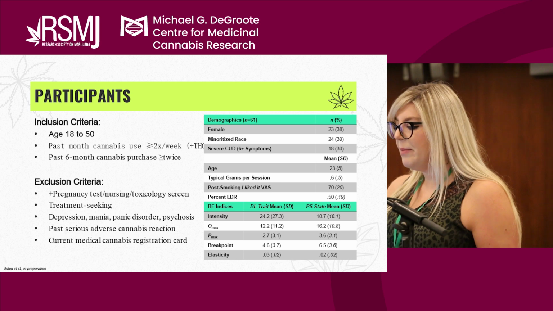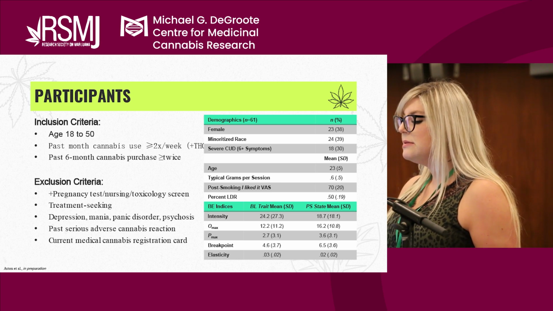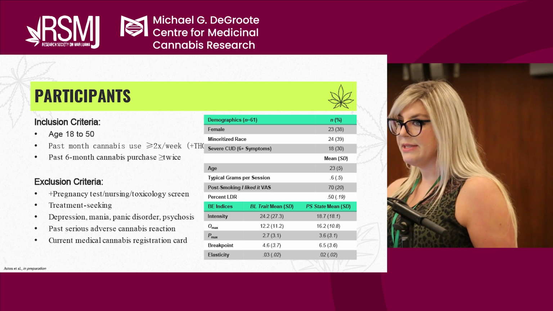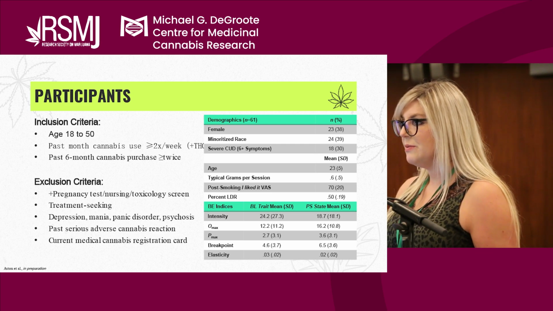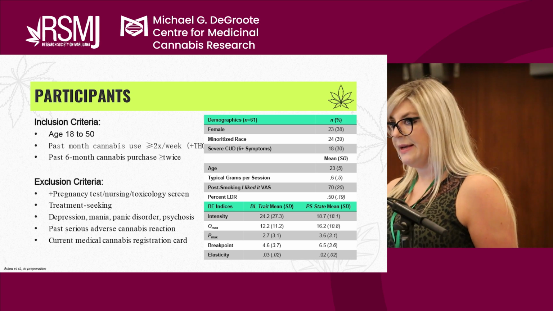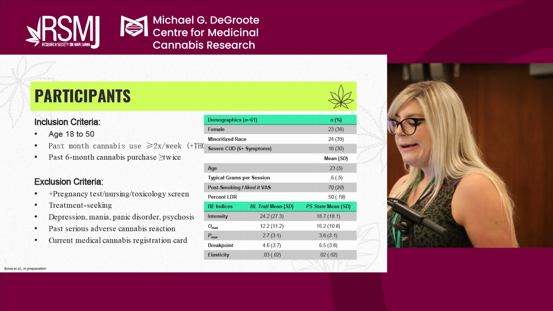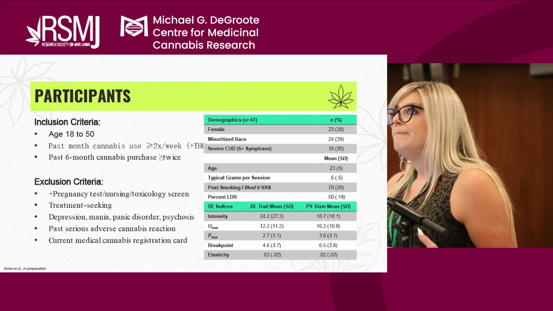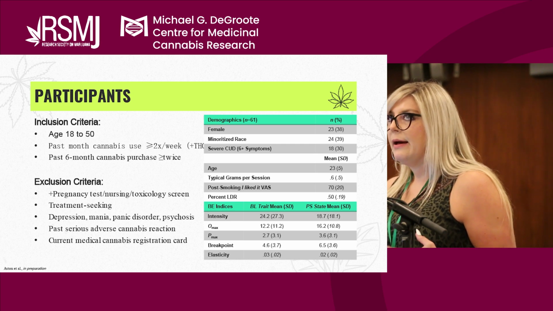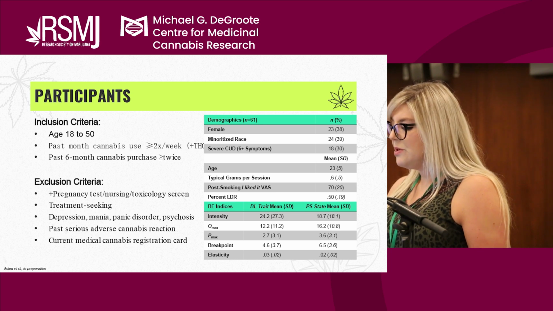And then at the bottom here, I have those behavioral economic demand indices, both the trait version that was done at baseline and then the state version that was done before they smoked in the laboratory. There's actually some interesting things going on here. So if you look at intensity, when we just ask them on a typical day, how many hits do you want to take if they're free? They say about 24 hits.